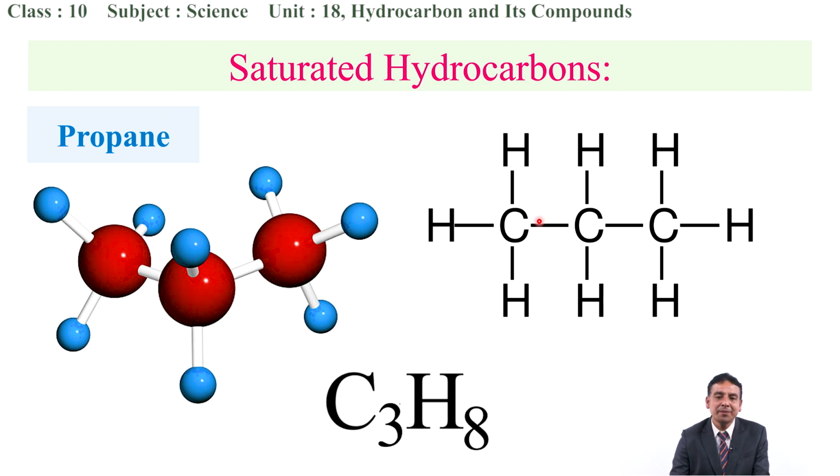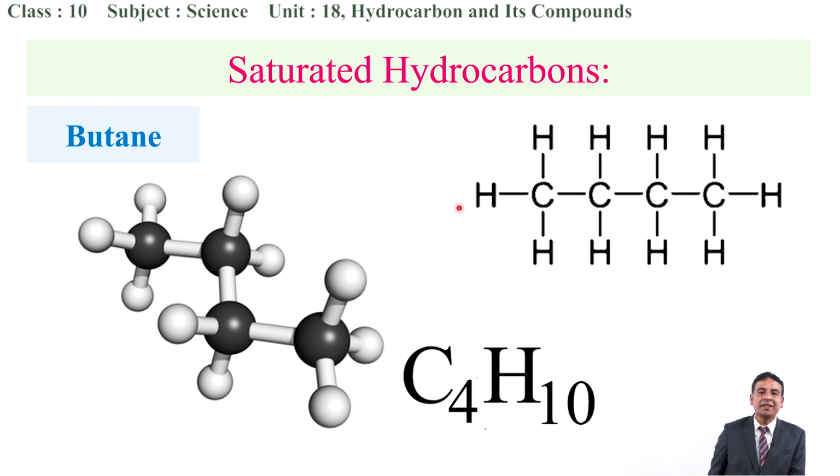And in the same way we can study the structures of other saturated hydrocarbons like butane, pentane, hexane, and so on. Just look at butane. Can you relate this molecular formula with CnH2n+2?